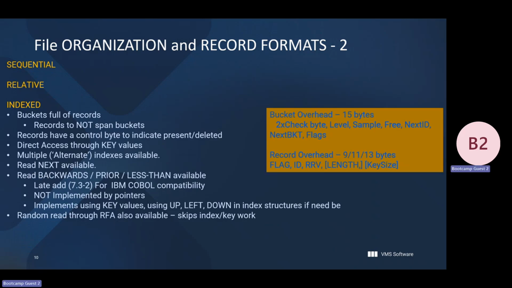And then we come to the big boy. This is where the business data is stored, the index file. So the index file, like the relative file, is a bucket full of records, and the records are entirely contained within a bucket.